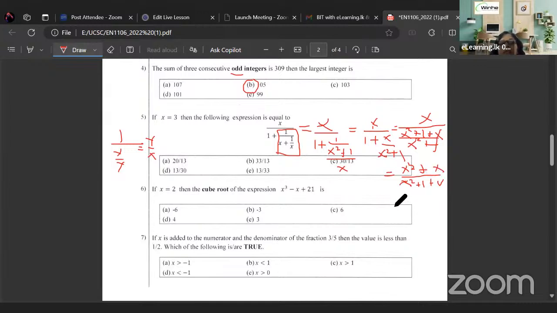Right? x cubed is 27, plus 3, divided by 9 plus 1 plus 3.